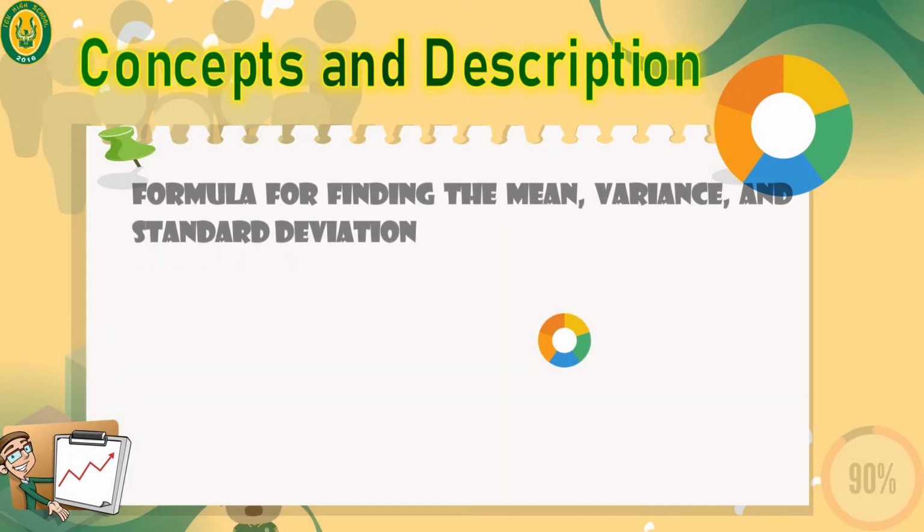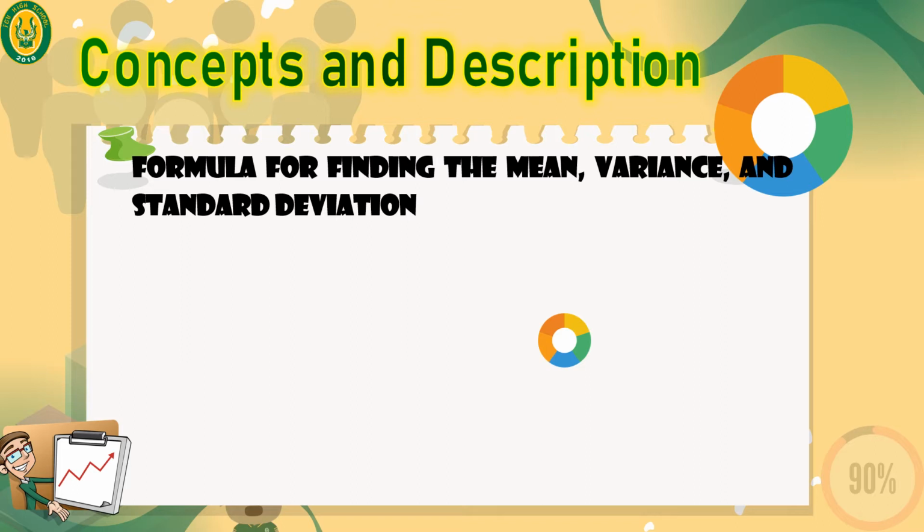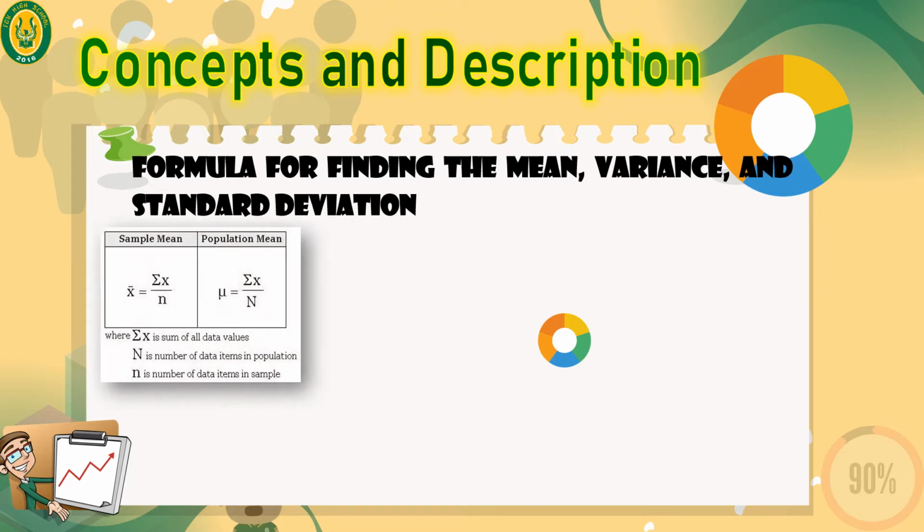We also solve for the following variables, the mean, variance, and the standard deviation after gathering the data. One of the variables that we solve often is the sample mean and population mean. If you're looking into a small group, a sample only, you use this equation where the x bar means the mean, the summation of x is the sum of all data values, and the small letter n is the number of data samples.